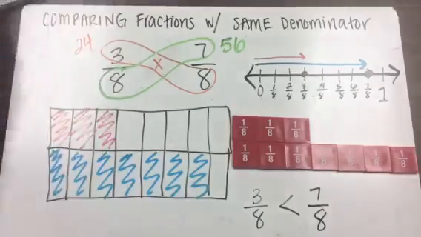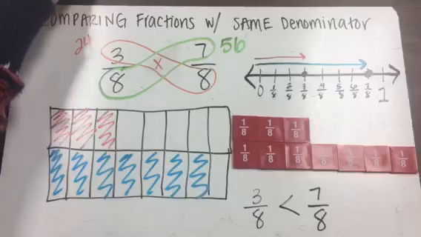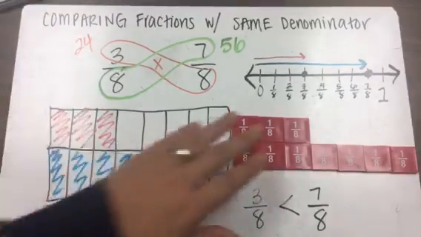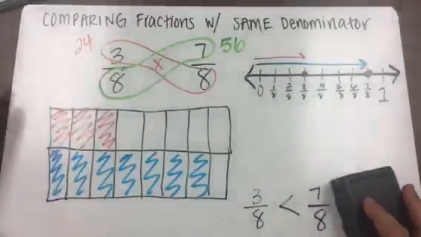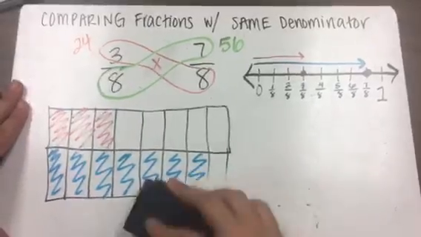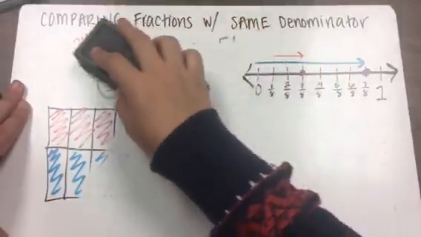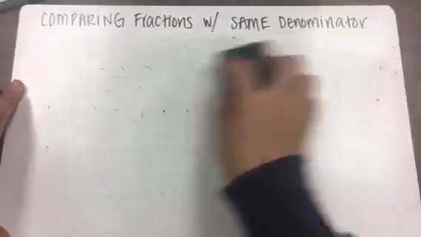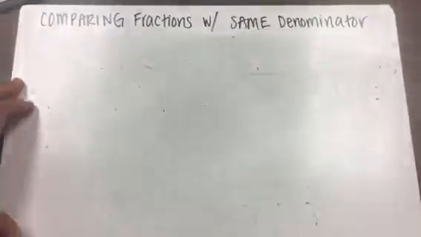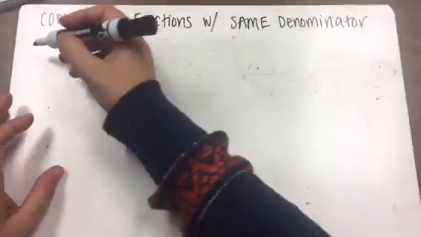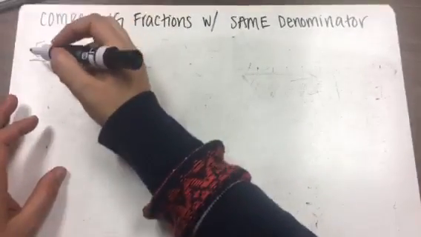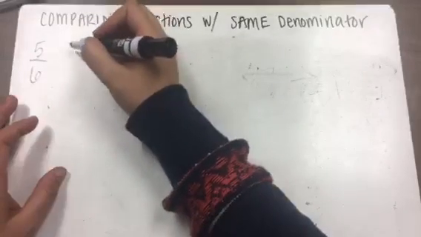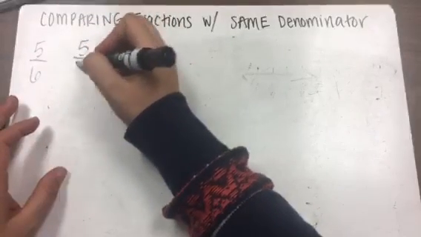All right, now let's do some examples together. So we have 5/6 and 5/6.